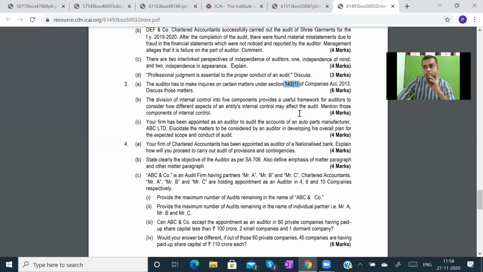The division of internal control into 5 components provides a useful framework for auditors to consider how different aspects of an entity's internal control may affect the audit. Mention those components. Remember, I told you the 5 components. I'll not tell you. You tell me.